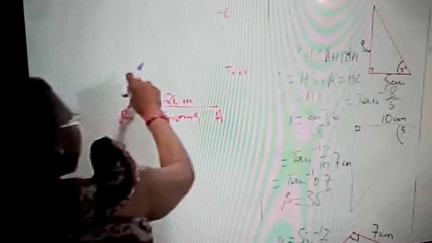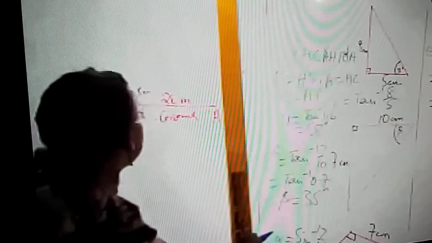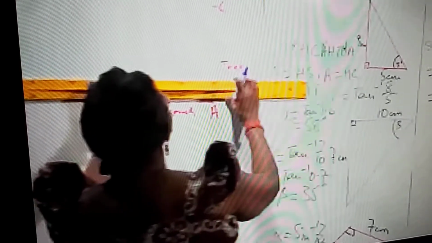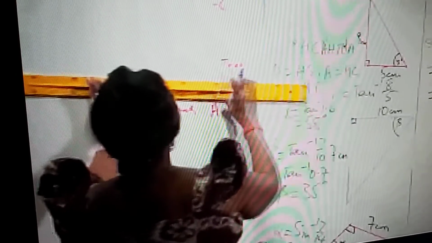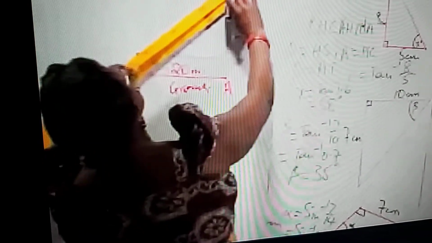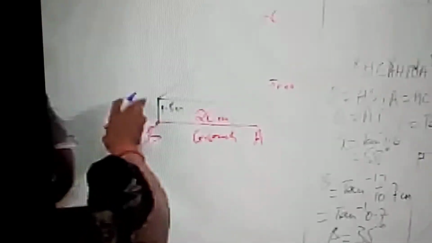It is from here that they gave us the angle of elevation. So at that point, we need a horizontal line from which we are going to look up. So we draw the horizontal line, then we join that point to C. In other words, this is the horizontal line at that point.